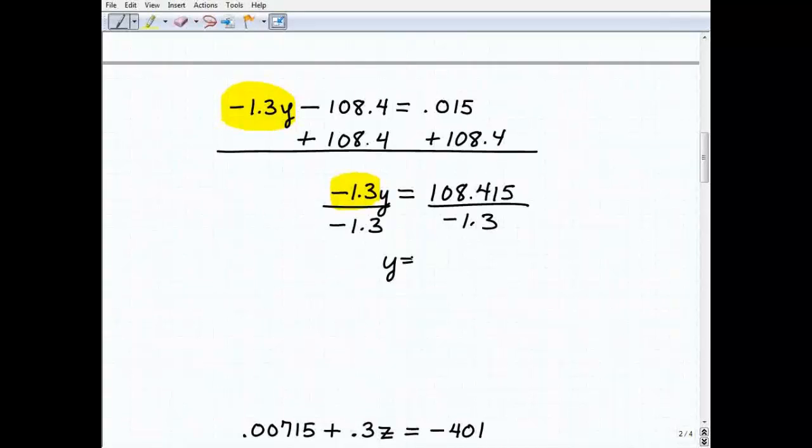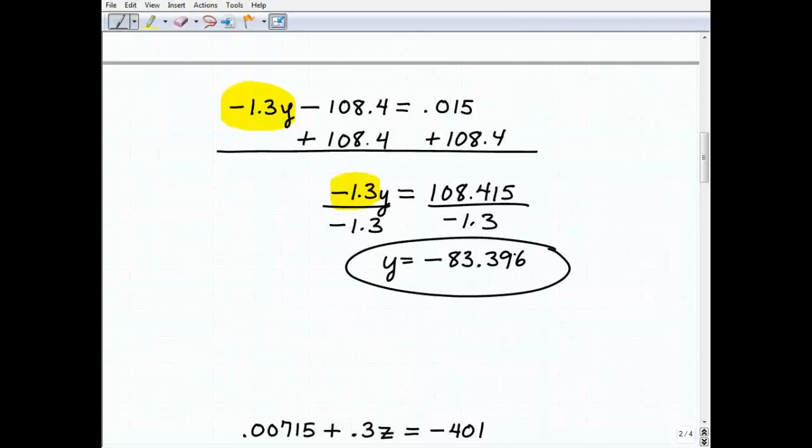So 108.415 divided by negative 1.3 is going to be equal to a negative 83.396, let's call it. I didn't tell you how many digits to round off to, so that's fine. I just want to give you enough to make sure that you're getting the same answer as I'm getting. So there you go. Negative 83.396 would be the solution to that problem.